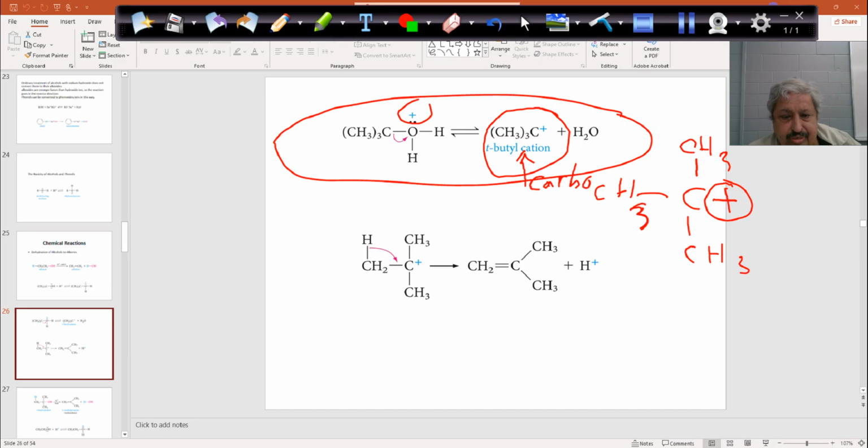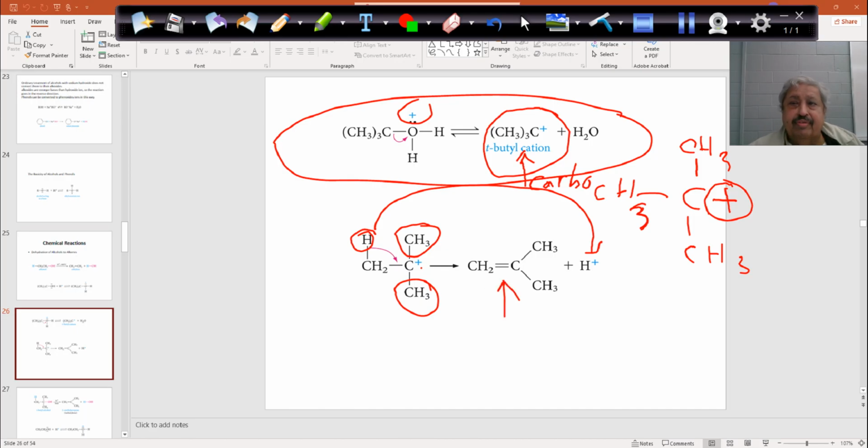And then when you have this here, one hydrogen will be taken out, and those are remaining as they are. So then you will have a cleavage. You have a double bond here. That's the mechanism. As I said, I'm not putting emphasis on it. I'm not asking you about those mechanisms.